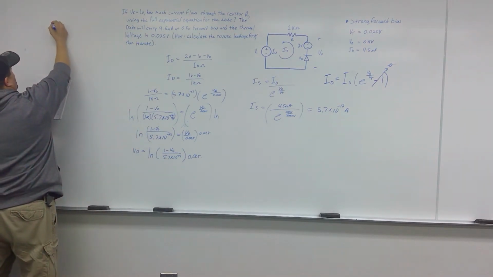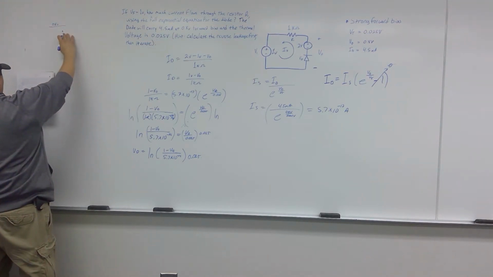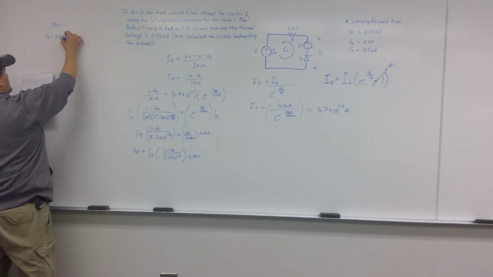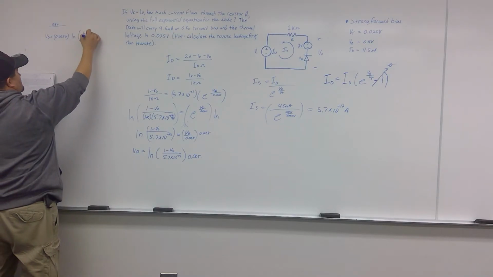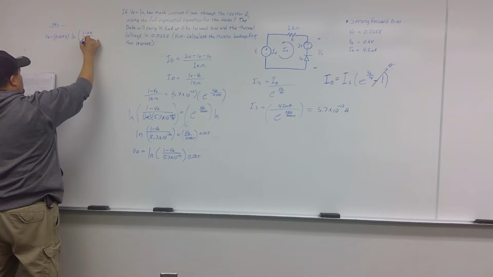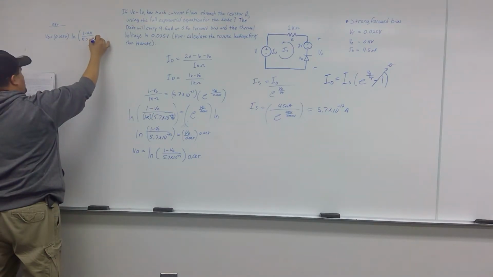So at 0.8, we got that our VD is equal to 0.025 volts times ln of 1 minus 0.8 over 5.7 times 10 to the negative 14.